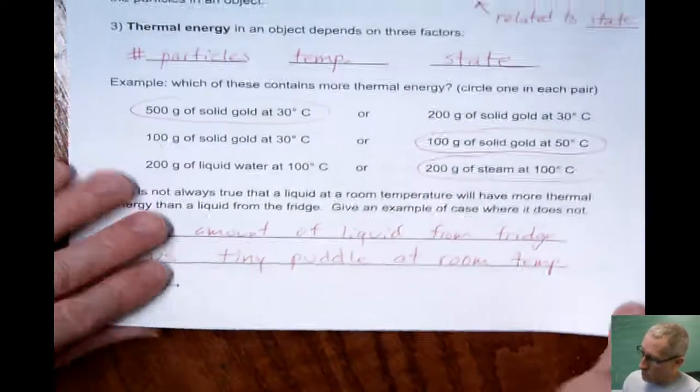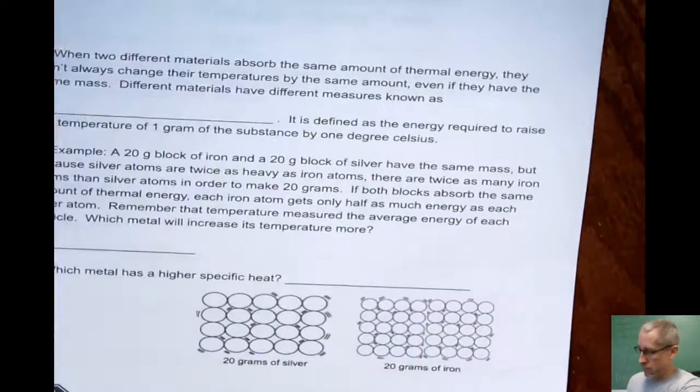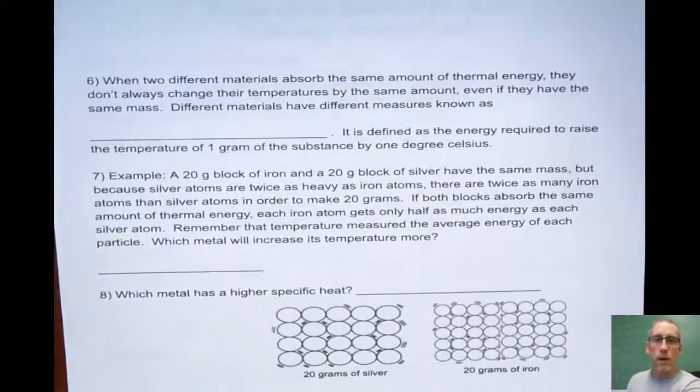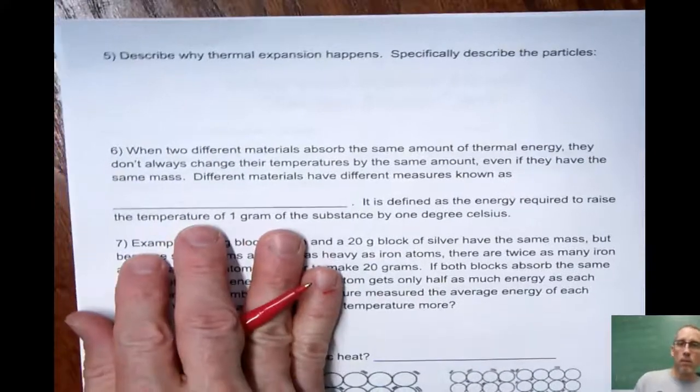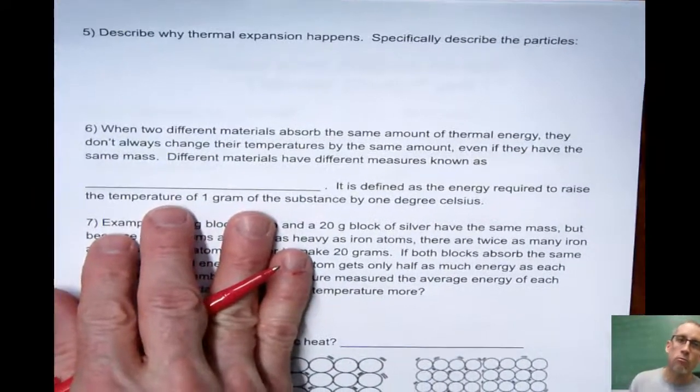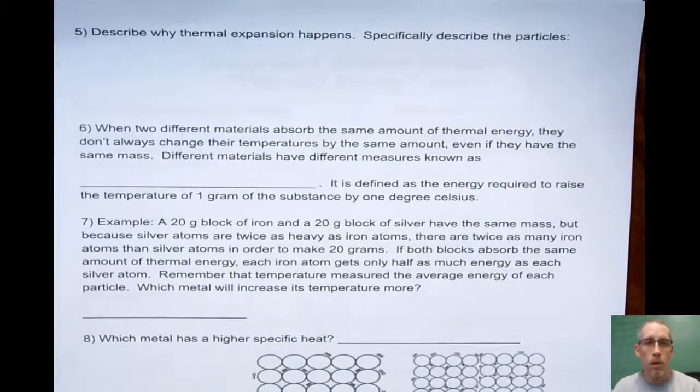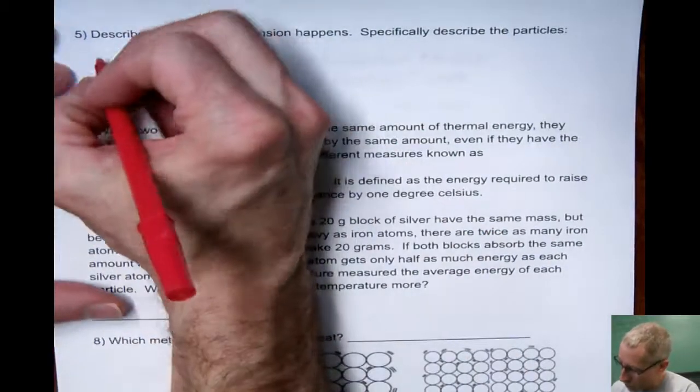Okay, let's look at the next page here. Thermal expansion. That might be something that you've heard of before. It's actually a really important property of pretty much everything. Not everything expands in the same way, but I want to use what you know about kinetic energy to explain why most things will expand when they get warmer.